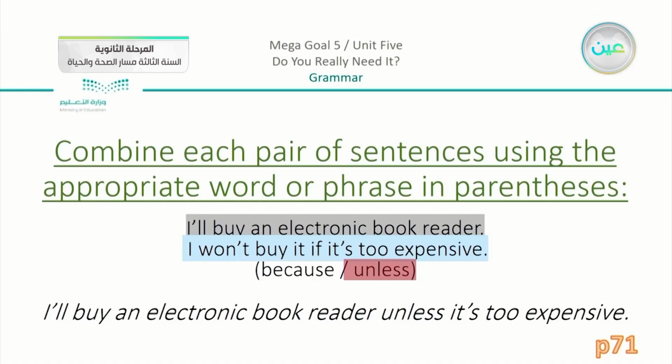We are going to link them together using an adverb or a conjunction. We have here an adverb clause actually. They have some choices in the book. We can see that the suitable choice is going to be unless, and then they join the 2 sentences together: I'll buy an electronic book reader unless it's too expensive. Now this is already done in the book.